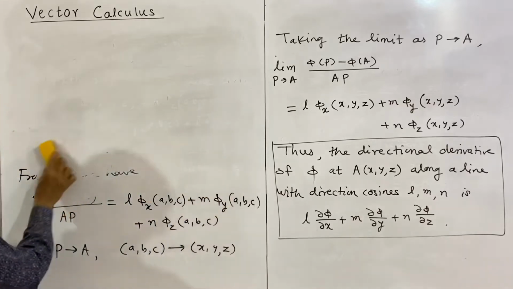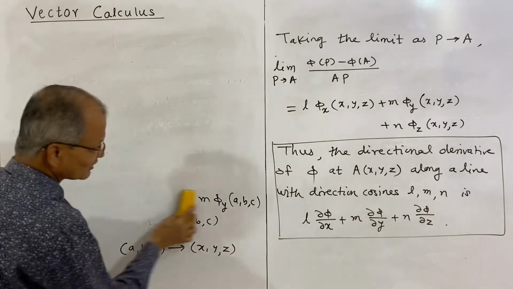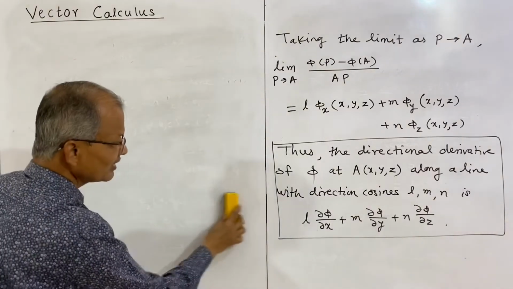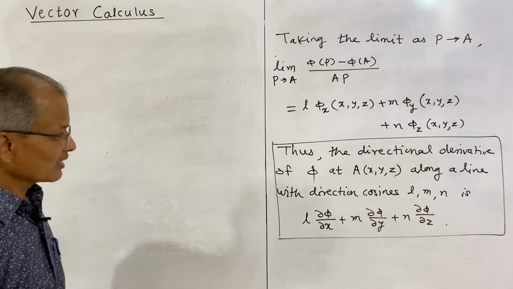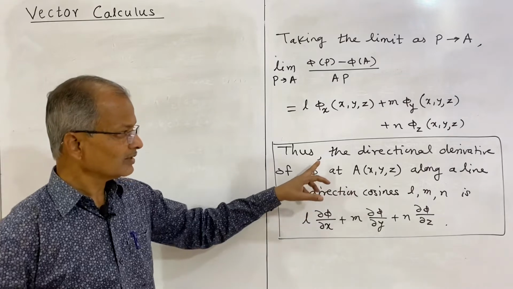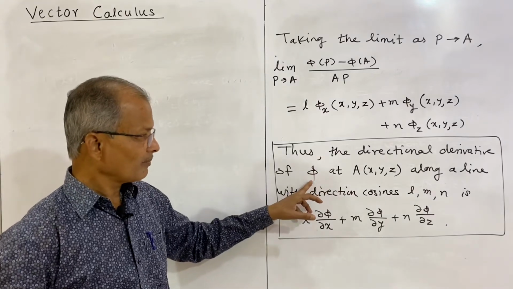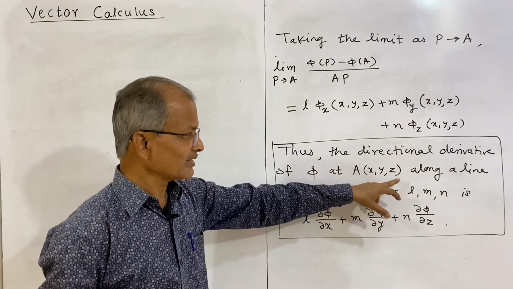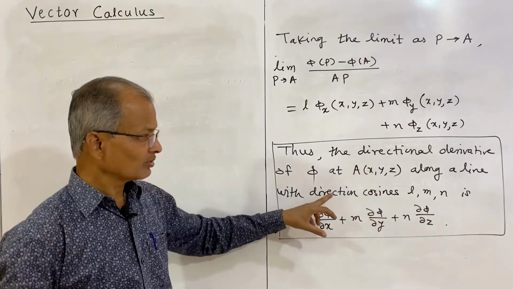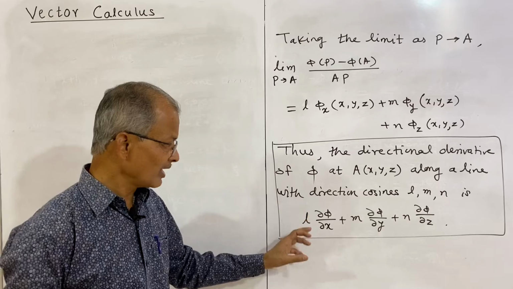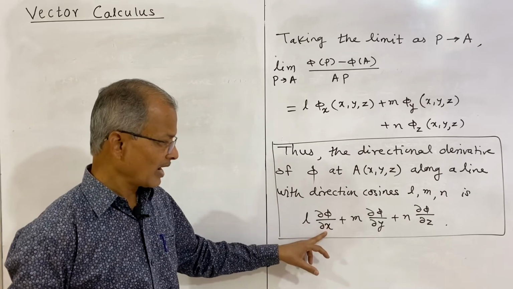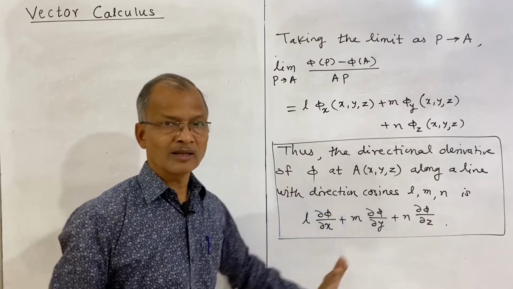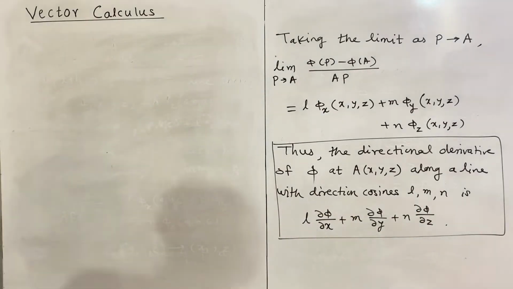Now, we shall obtain the directional derivative of a vector point function along any line in the same manner, and the result will be exactly the same. That means the directional derivative of f bar at point A x, y, z along a line with direction cosines l, m, n will be l dou f bar by dou x plus m dou f bar by dou y plus n dou f bar by dou z. That result we shall obtain.